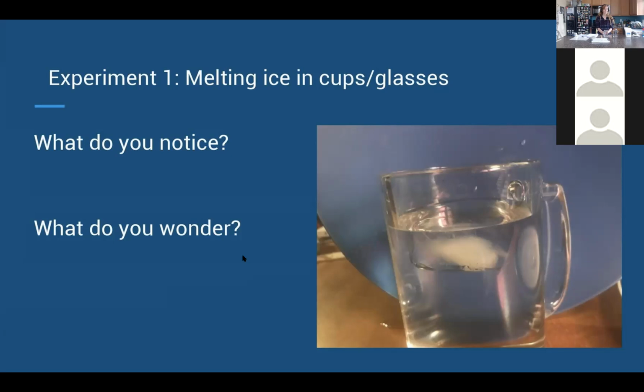When I put them in, in 2 minutes, it was already melted. So it was gone? Oh yeah, it was gone. Okay, so the ice got smaller, and that's how you could tell that the one in the warm water melted? Yes. Cool. Did anyone else notice anything? Or what did some people wonder about this?